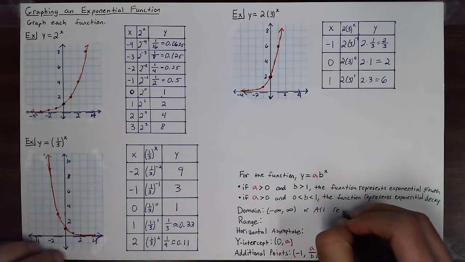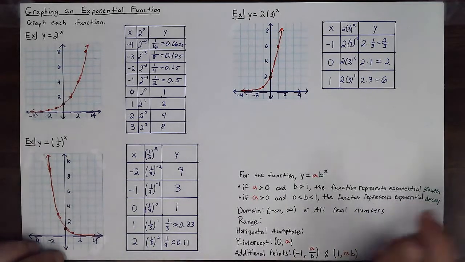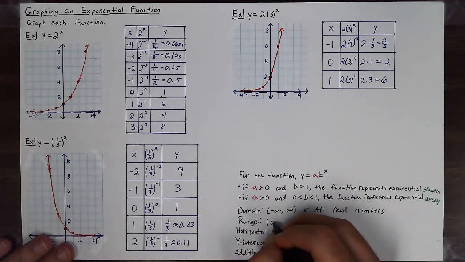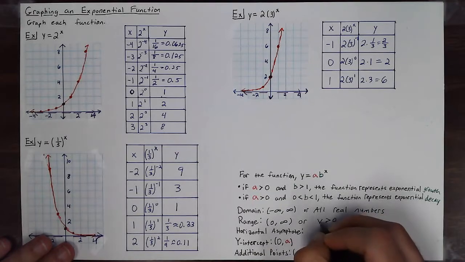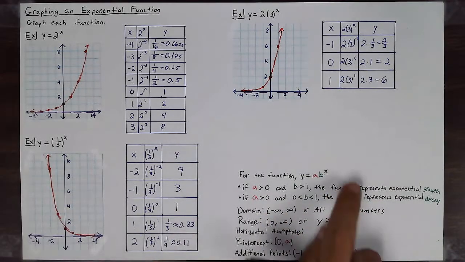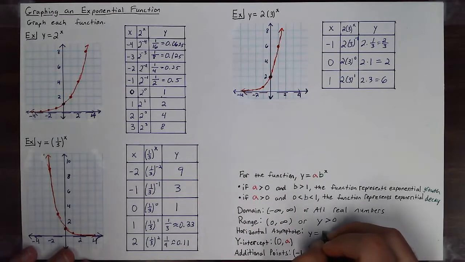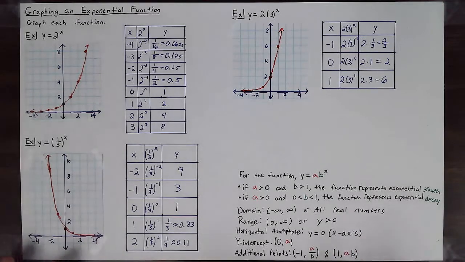You can plug in any x value that you want to. The range is always going to be positive values. So 0 to infinity, or y is greater than 0, because it's always going to be above the x-axis for this form of an exponential function. And you'll always get a horizontal asymptote at y equals 0, also known as the x-axis. And this is how you graph an exponential function.